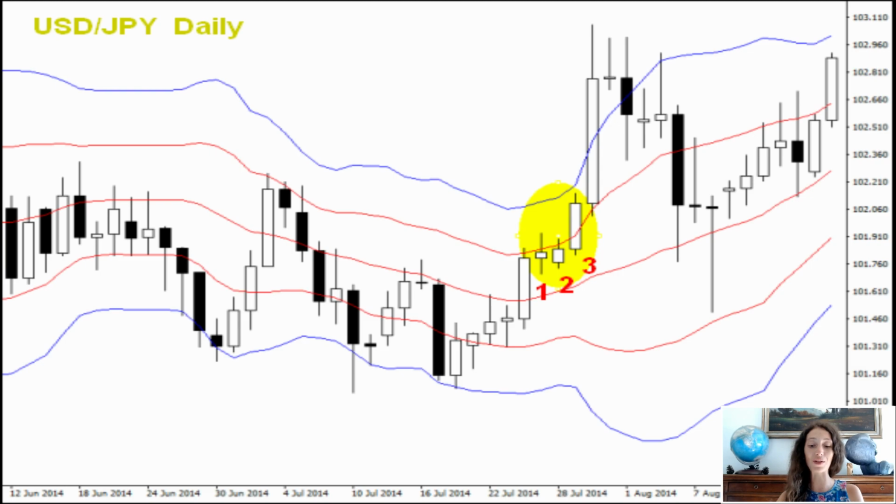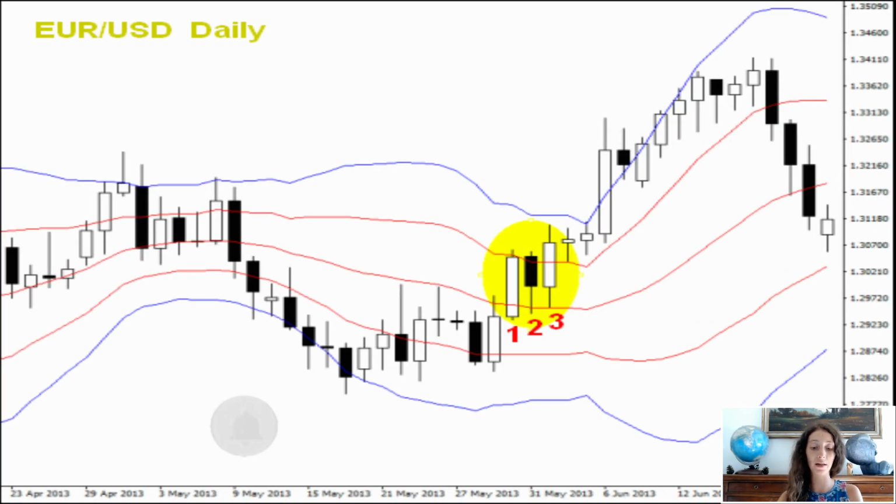To find out the strength of trends, you can use the ADX indicator. See also measuring the strength of trends with the ADX indicator. Another example that shows a signal for buy.